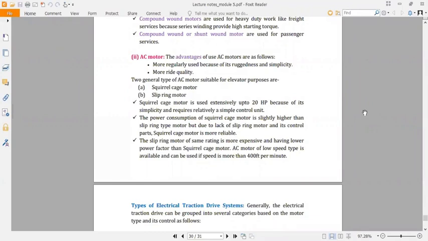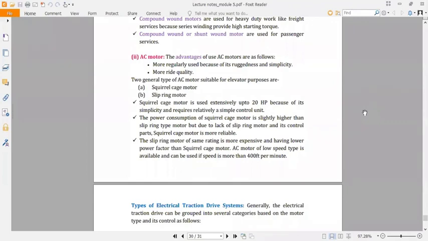Its control is also very simple compared to the slip ring motor, but the power consumption of the squirrel cage motor is slightly higher than that of the slip ring type of motor. Due to the lack of slip rings and their control parts, the squirrel cage motor is more reliable for this elevator system.